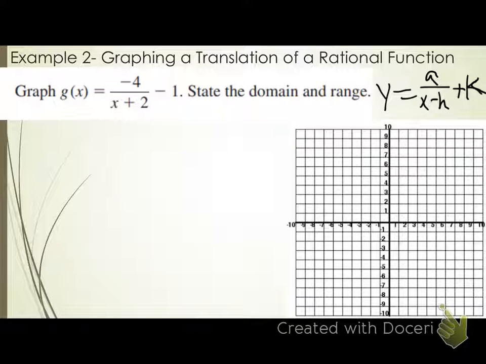What does step 1 tell me to do that we wrote down on the previous slide? Draw the asymptotes. So I'm drawing the asymptote of x equals h and y equals k. In this case, what is my h value?